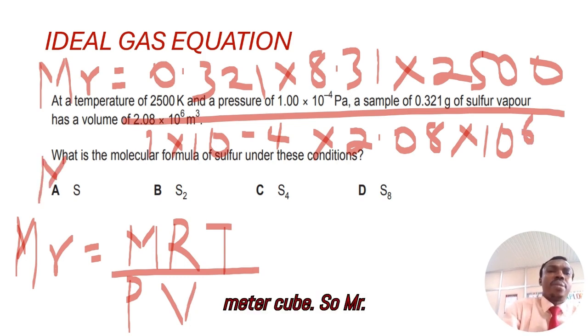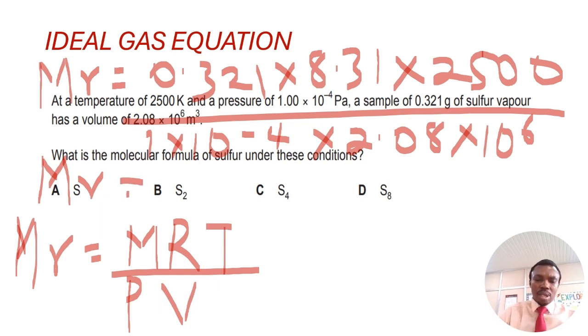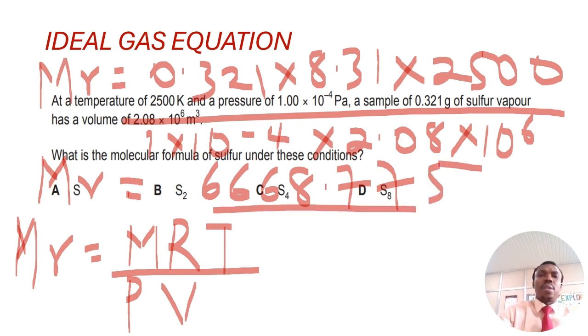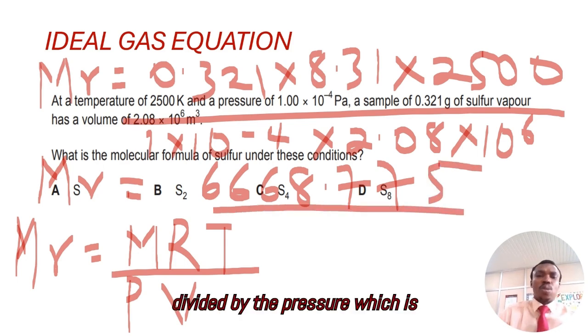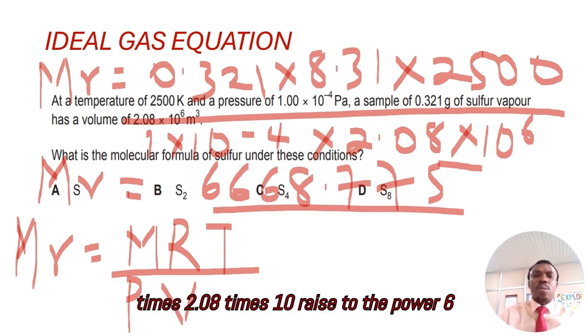So the molar mass now will be equal to, if I use my calculator, 0.321 times 8.31 times 2500. So you have 6668.775, divided by the pressure, which is 1.0 times 10 raised to the power minus 4 times 2.08 times 10 raised to the power 6.